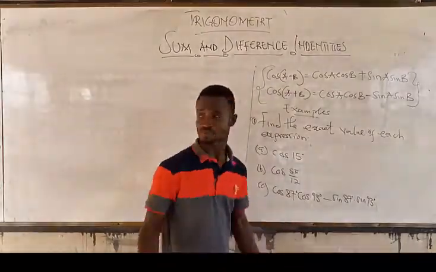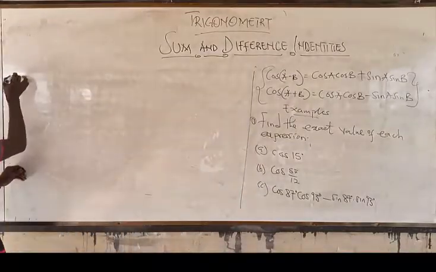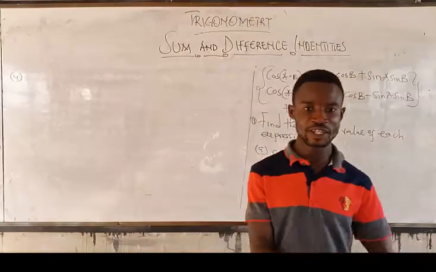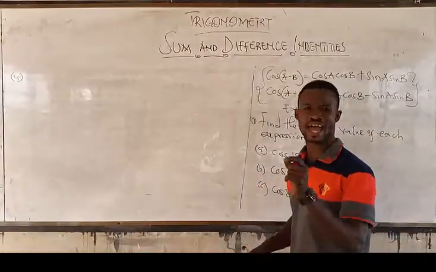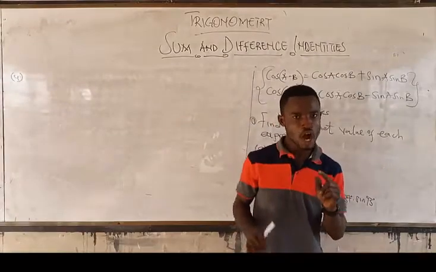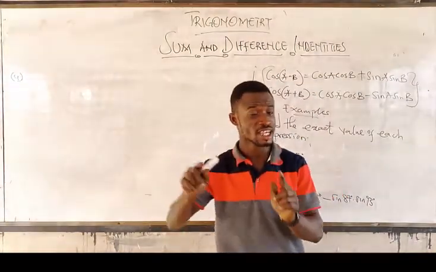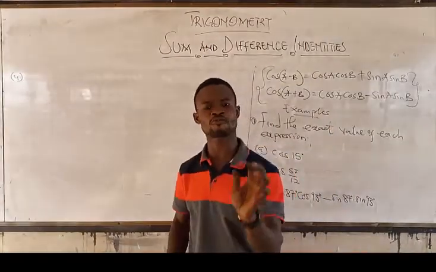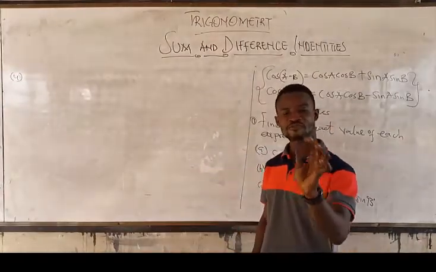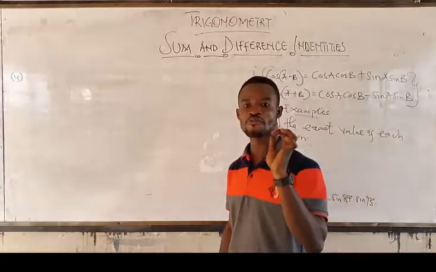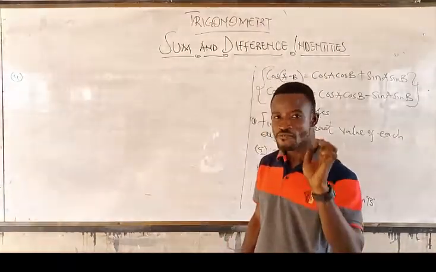So the solution for A. To find cos 15 degrees, we need to write 15 degrees as the sum or difference, it's not always the sum, of two angles with known function values.